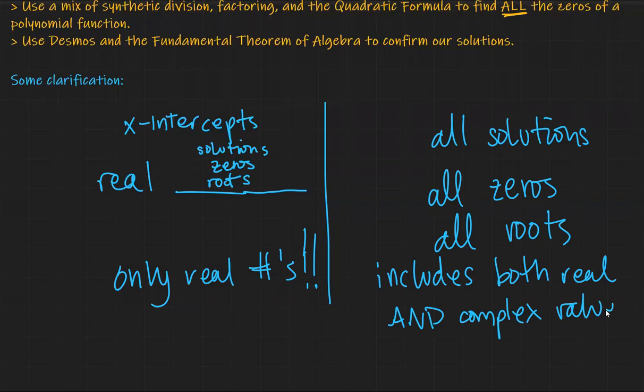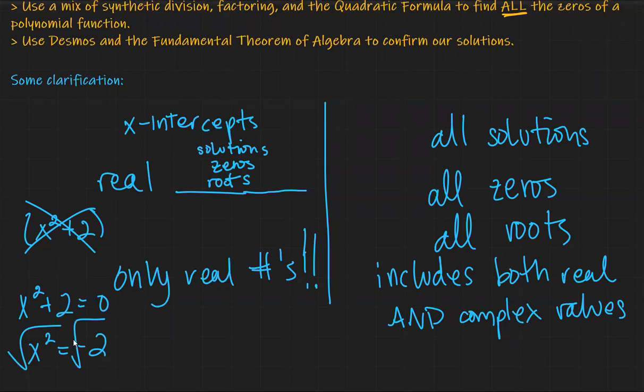Okay, so if you remember from section 5.4, when you factored and you found x-intercepts, there were times where some of the factors were, say, x squared plus 2. And you didn't bother with this at all, because when you solved it, like say, x squared plus 2 equals 0, you got x squared equals -2, take the square root, plus minus, we get x is equal to plus or minus the square root of -2.